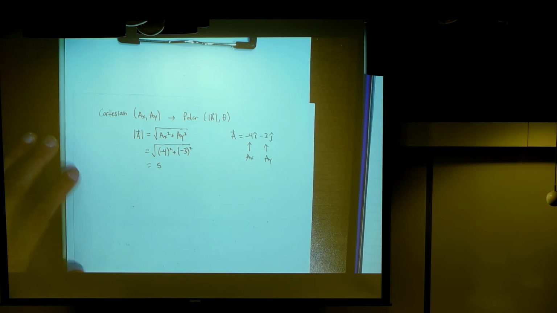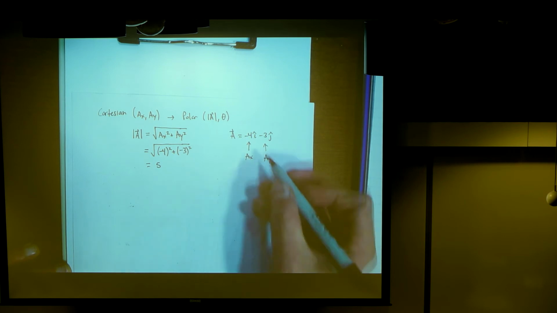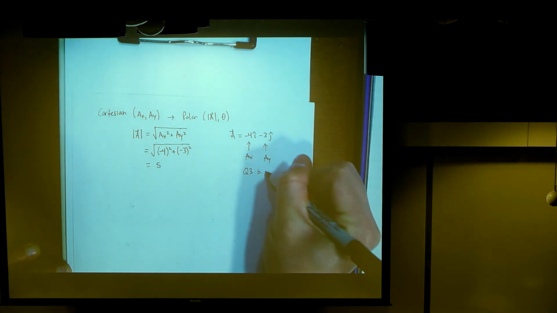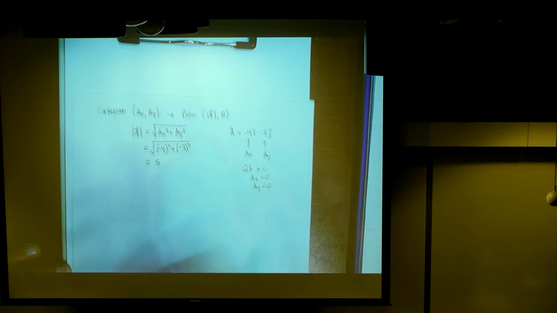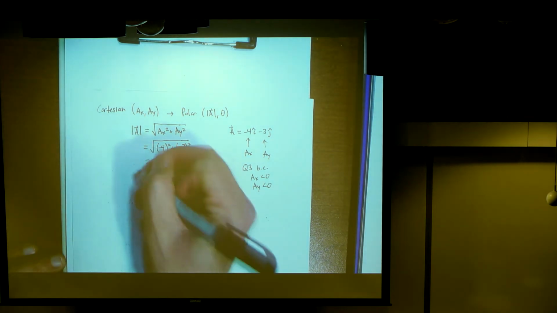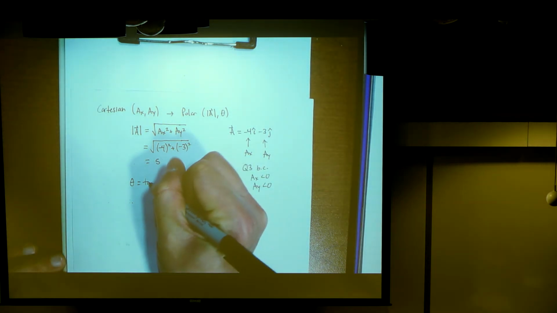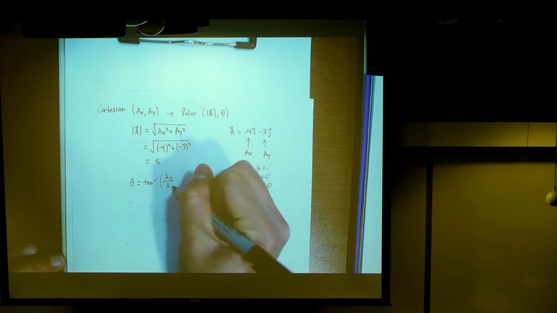Okay, now I want to get the angle. Before I do that, let's establish which quadrant we're in. Which quadrant are we in with this vector? We're in quadrant 3. Just write Q3 because both ax and ay have negative values. Okay? So therefore, if we want to know what the angle theta is, we'll take the inverse tangent of ay divided by ax.